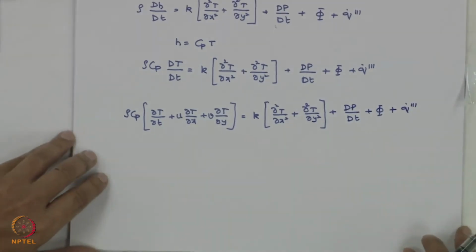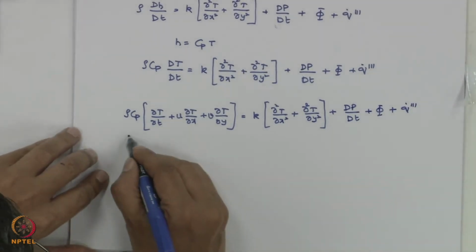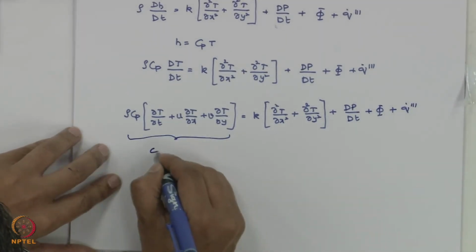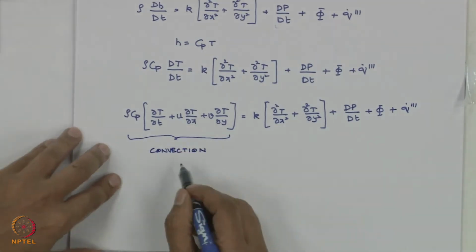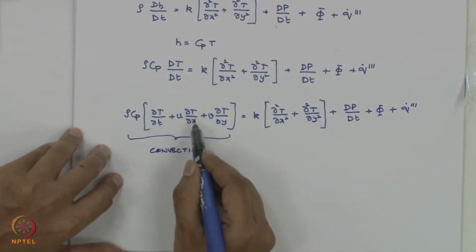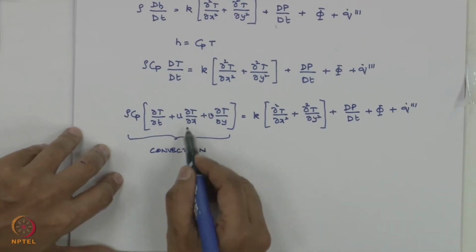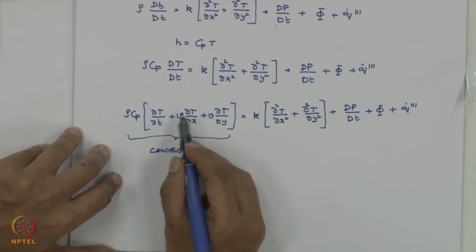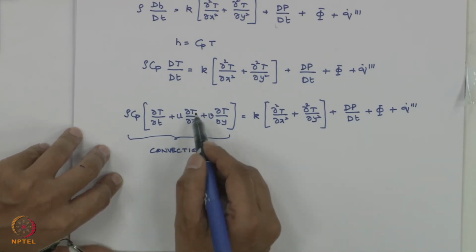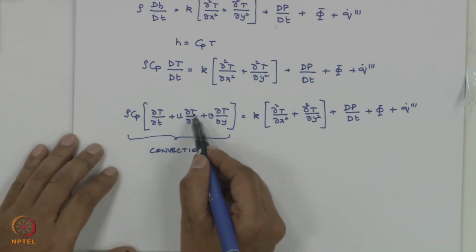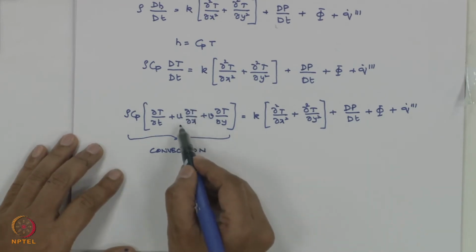Let us try to understand each term. What is this? This is convection. So how do I understand this convection term? I take this example all the time. U del T by del x: I am entering the AC room, that means I am moving in the x direction. I am the fluid element that has temperature T, but I am moving with velocity u.